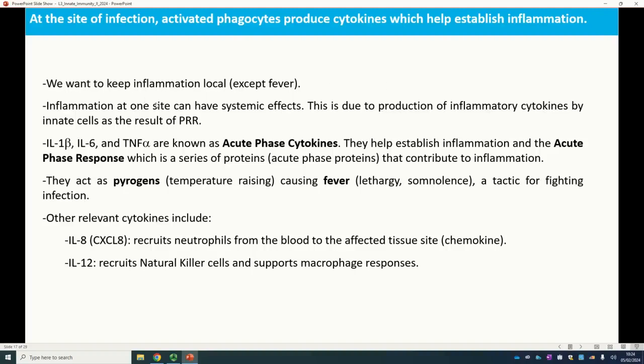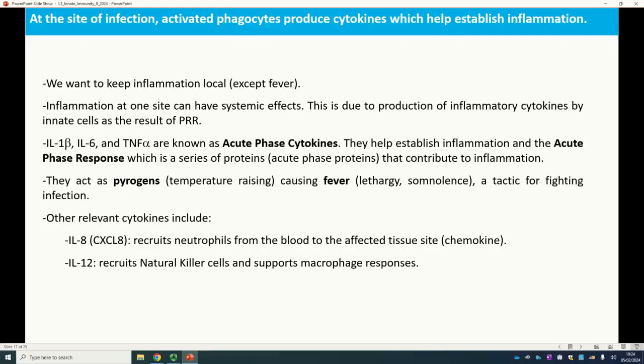But inflammation can have systemic effects because obviously if you think about it, we're getting production of these inflammatory cytokines when our innate immune cells get triggered by their pattern recognition receptors. So IL-1 beta, IL-6, TNF-alpha are these acute phase cytokines, and these help to mediate and establish inflammation. And this is known as the acute phase response.